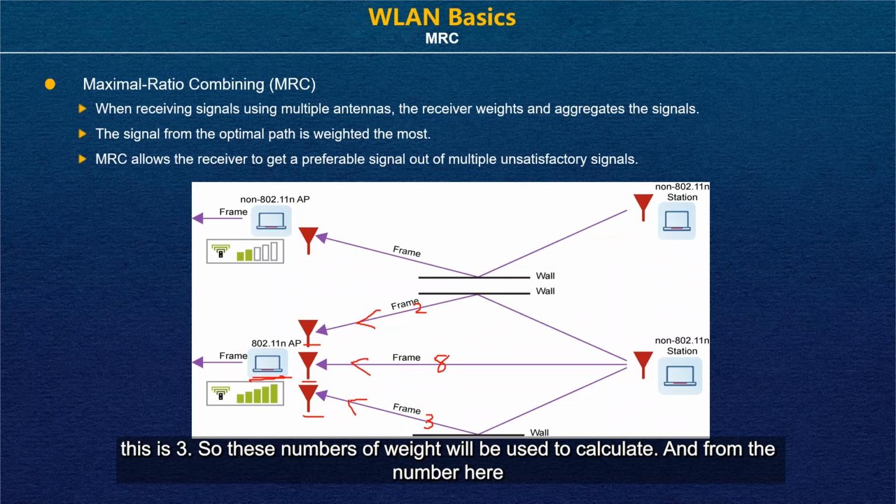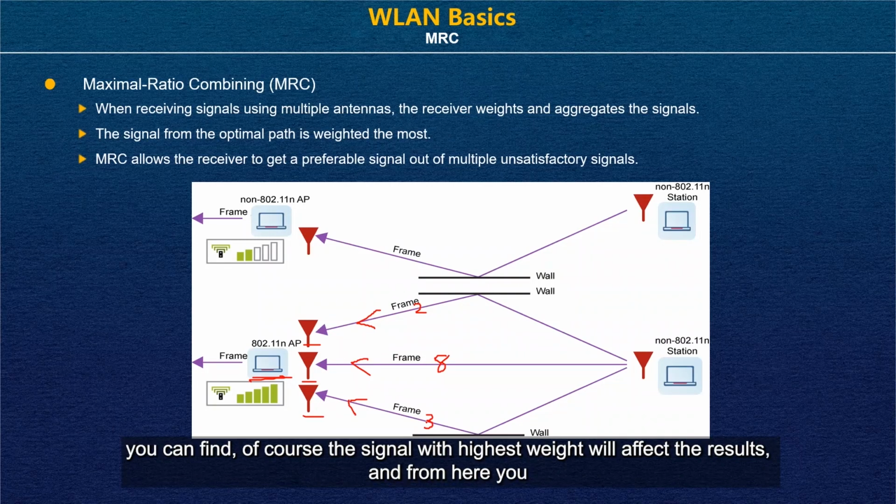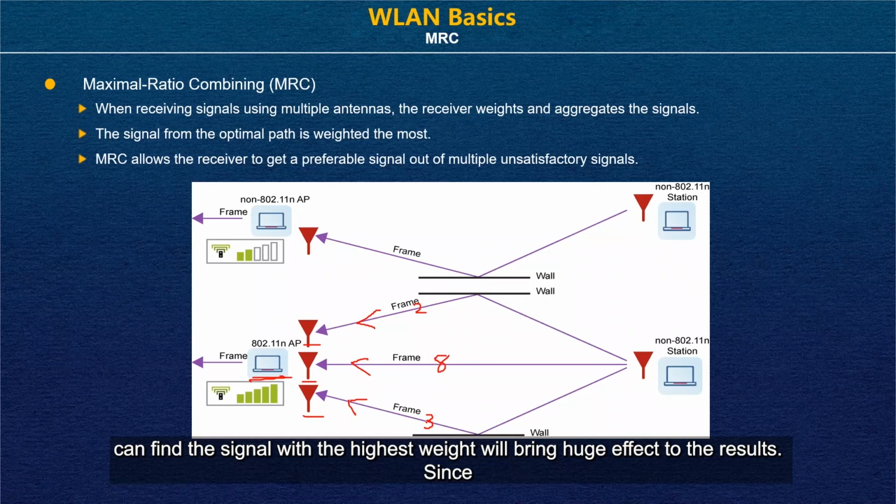And from the number here, you can find, of course, the signal with the highest weight will affect the results. And from here, you can find the signal with the highest weight will bring huge effect to the results.